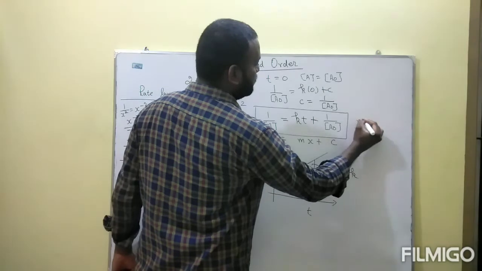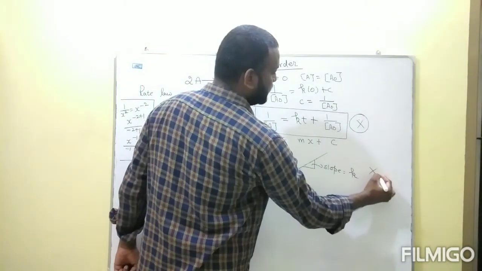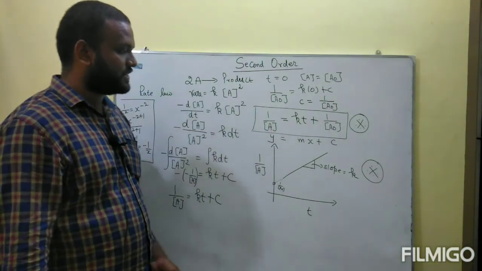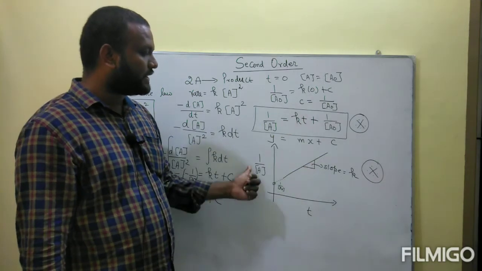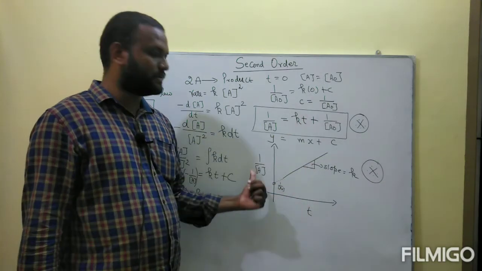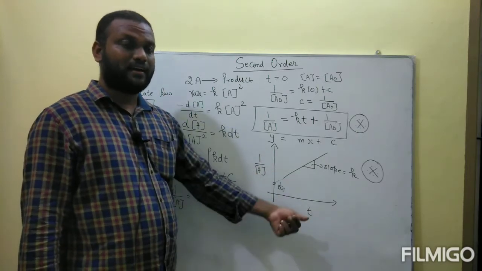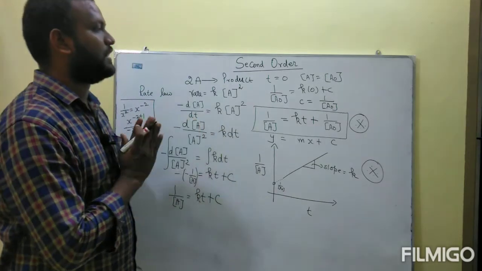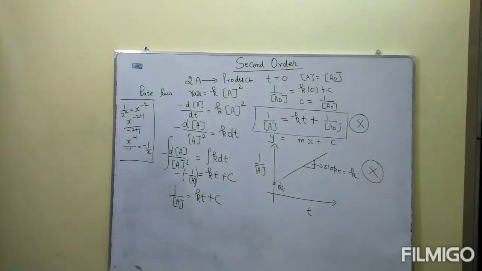These are very important in calculations, and many problems are asked based on this formula and graphical representation: what is the slope, what is the intercept, and which components are taken to draw the graph. This is also important for competitive examinations. So this is the derivation of the rate constant expression and the graphical representation for the second order reaction.